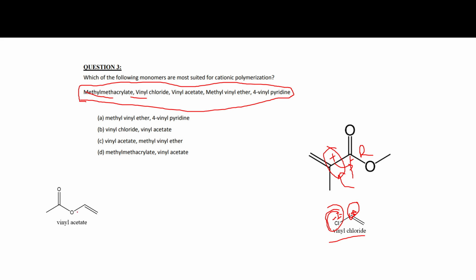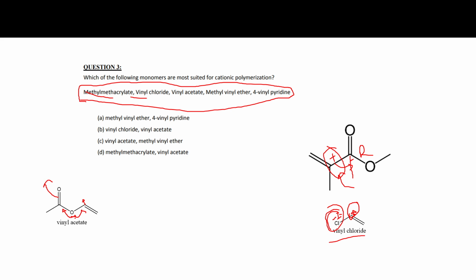Then your vinyl acetate one. Can vinyl acetate stabilize this carbocation? Maybe this oxygen lone pair can stabilize it, but this oxygen lone pair goes more to this side because there is a carbonyl group, so it can go into the resonance structure. So this oxygen can go to two sides, the carbonyl side, and it can also stabilize this carbocation, but not effectively.